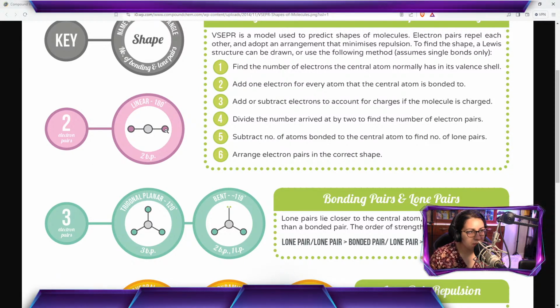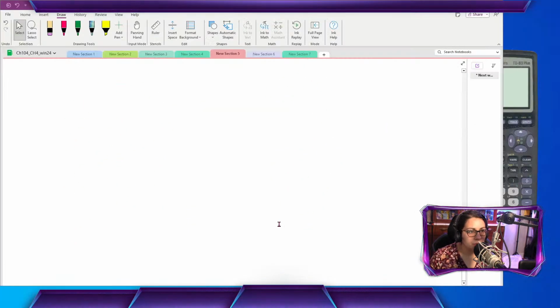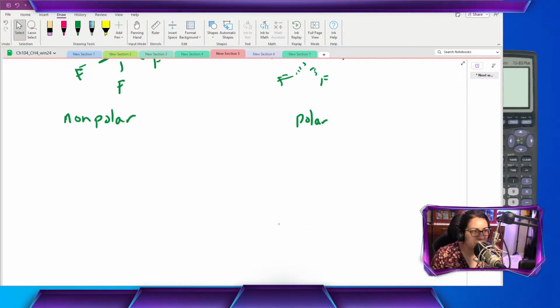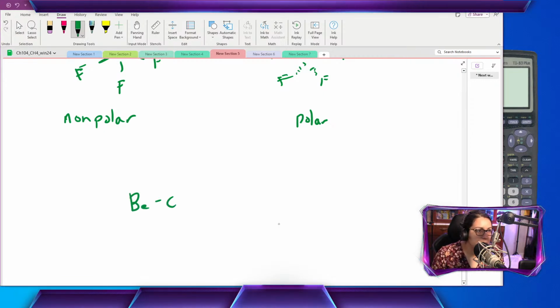Assuming that these two atoms are the same, or at least relatively close in electronegativity, then let's just do an example of group 2. That would be beryllium dichloride here.